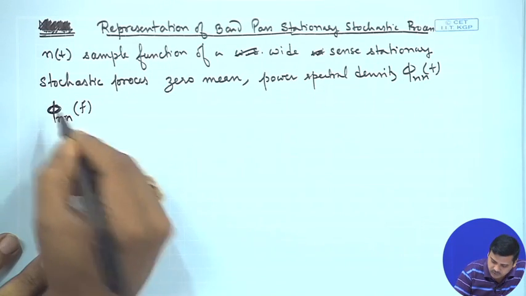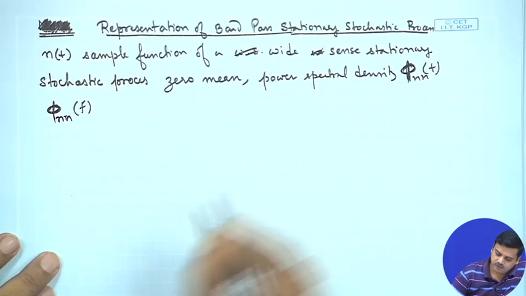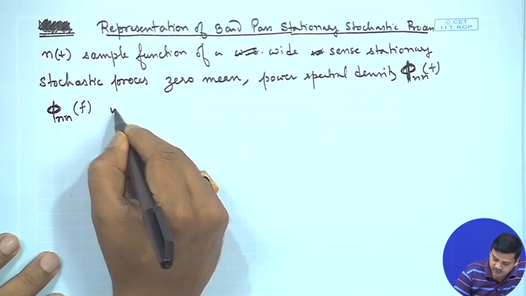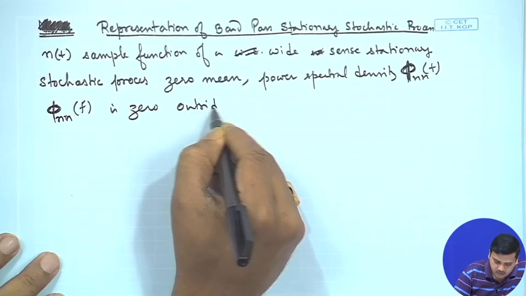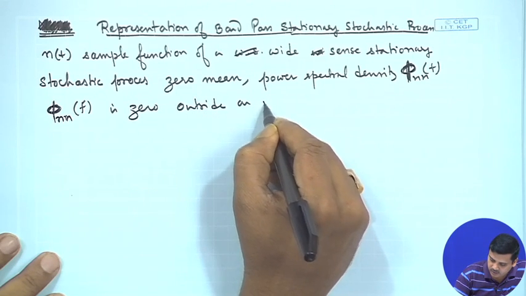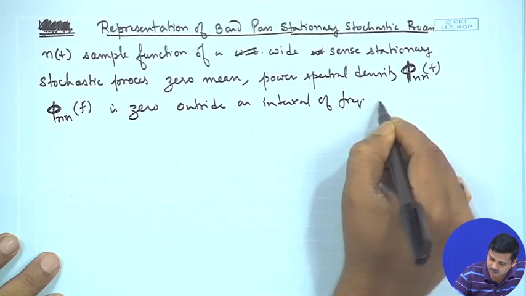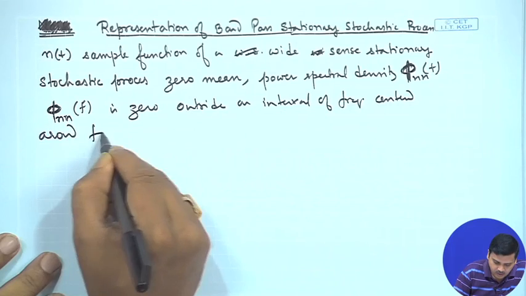There might be a confusion of notation, so we will put phi nn of f, as the noise is defined in such a way that this is 0 outside an interval of frequency centered around f c.